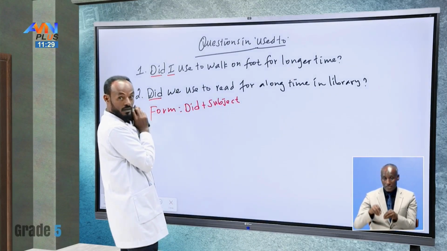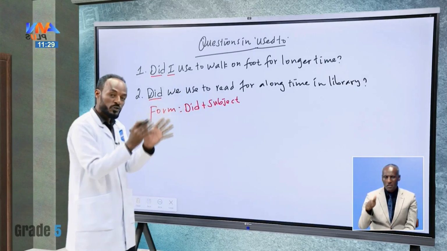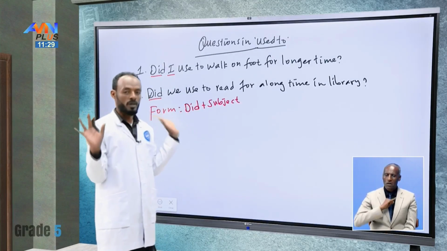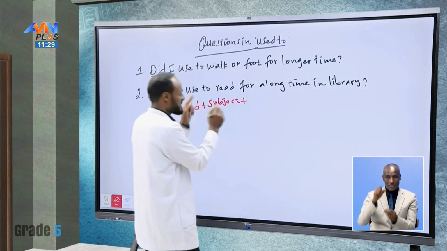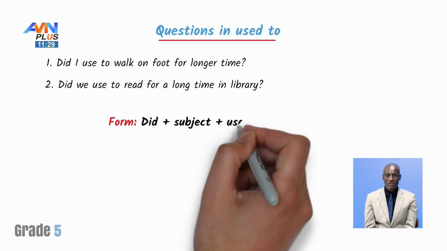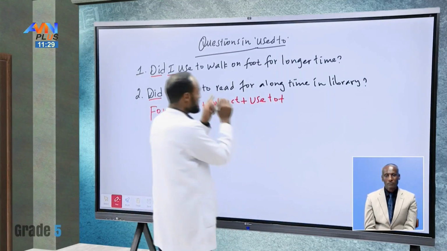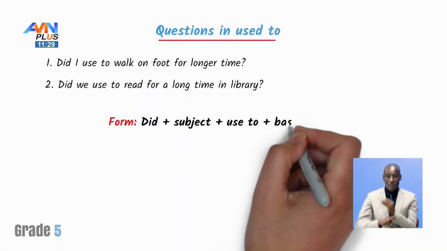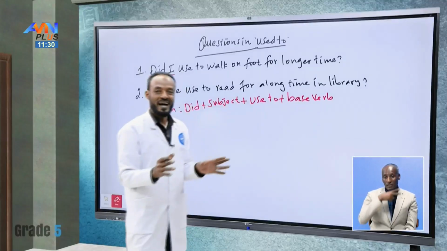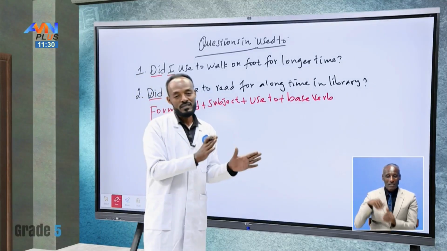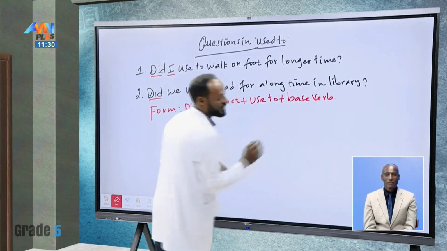Am I right? If the subject is he, she, it, you, I, it can be any subject. Did plus subject plus used to. Then plus base verb. The verb without any prefix and suffixes. Clear? Then you can add the complementary here.